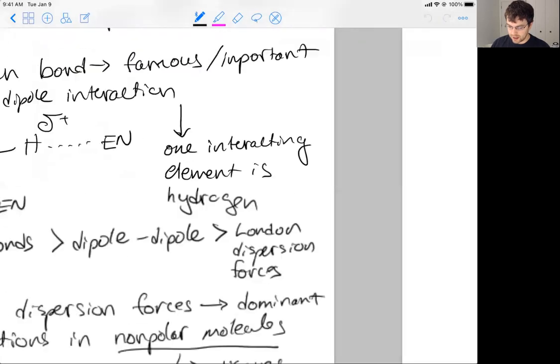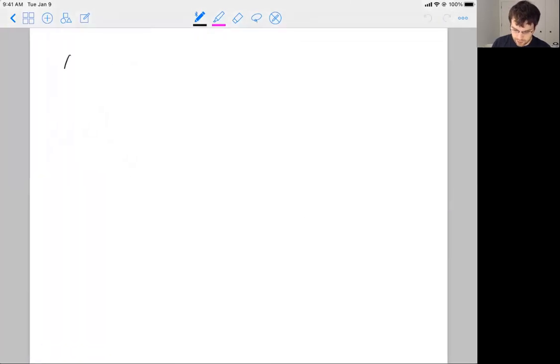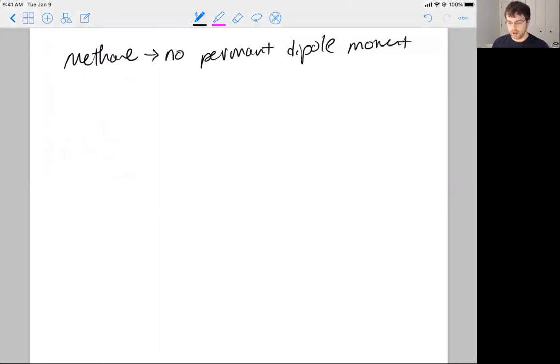And so we say that, for example, methane has no permanent dipole moment. Okay, but that's a really important word, permanent. Now with London dispersion forces, we're going to see transient or temporary dipoles.